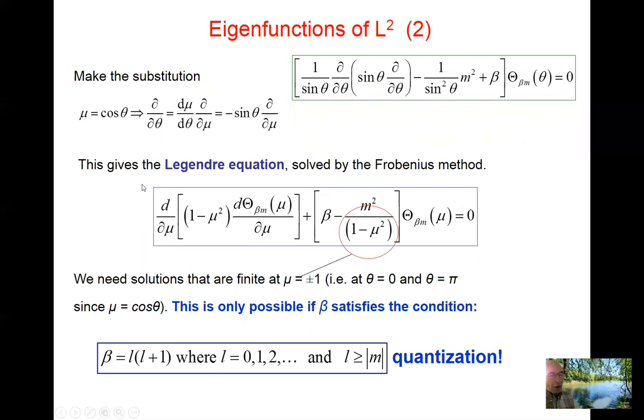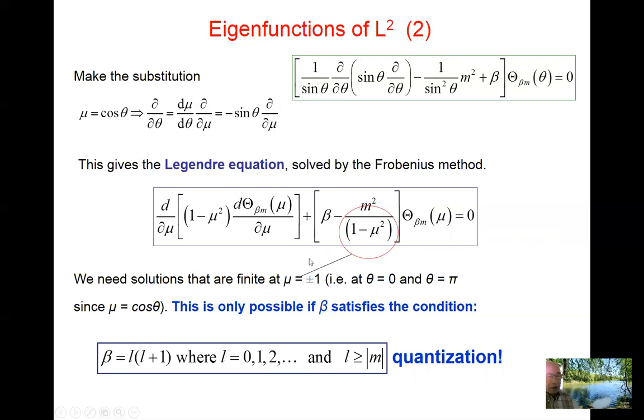So you can go through this solution in a book, which I will recommend later. But the important thing to notice is that again, we need solutions that are finite. So again, this comes from common sense. We could introduce different conditions, but in real life, we would like to have a finite solution. And so here we have this denominator, which will diverge if mu squared is equal to 1.